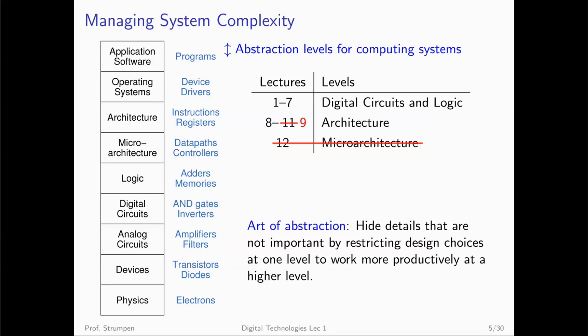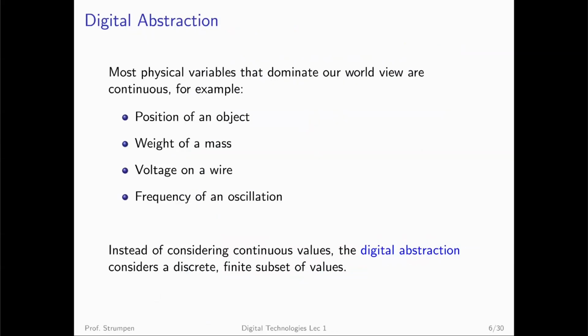And you would spend most of your time thinking about all those electrons flitting about. It's impossible to design complex systems that way. Instead, you're going to abstract away details, keep just enough around to keep yourself productive in a higher layer. And I'm going to show you the art of abstraction at work on one of the following slides.